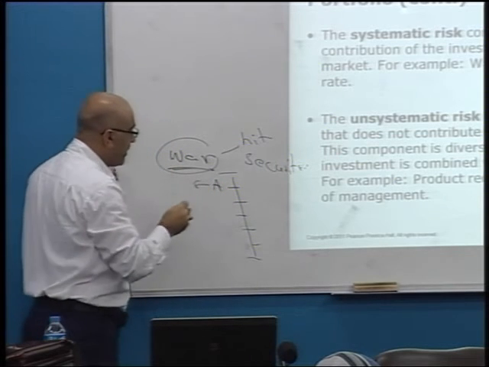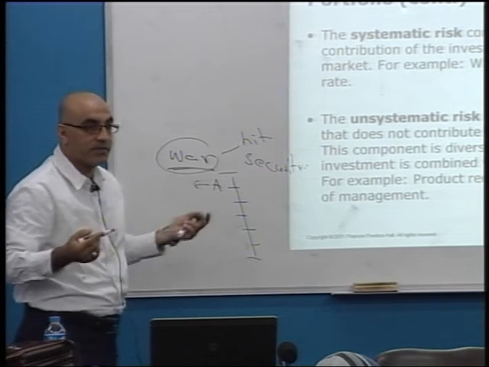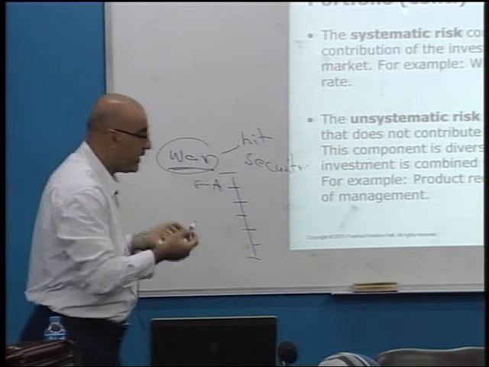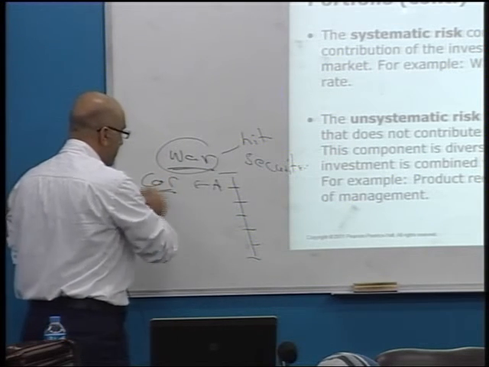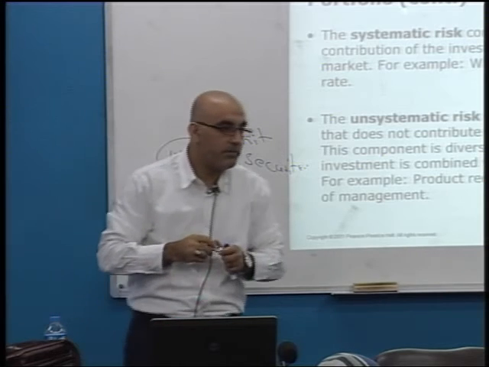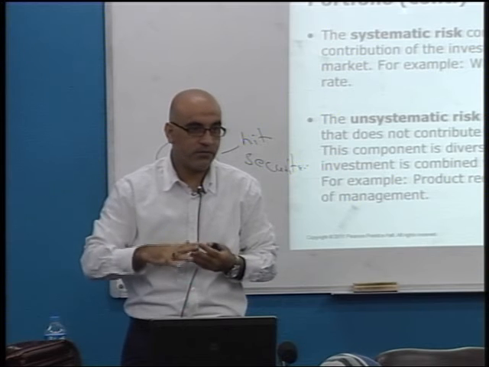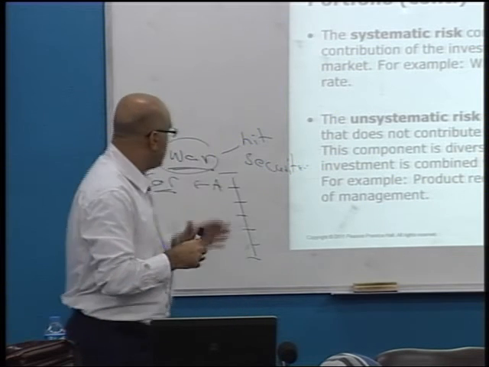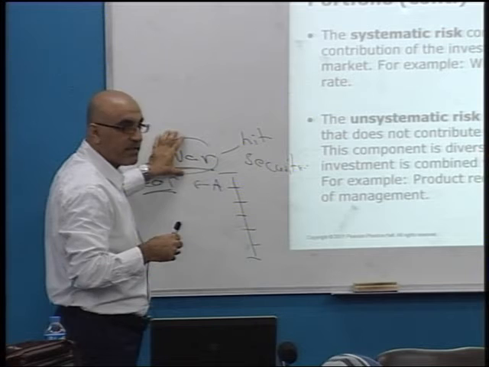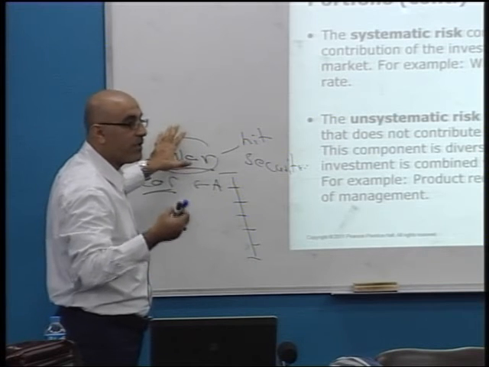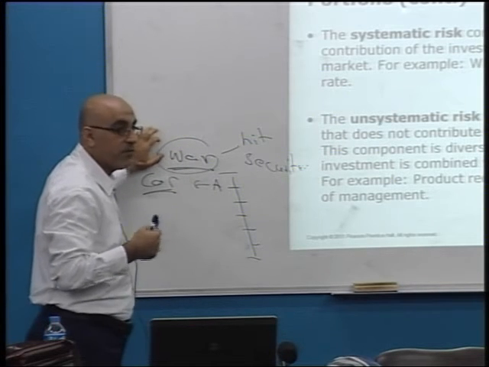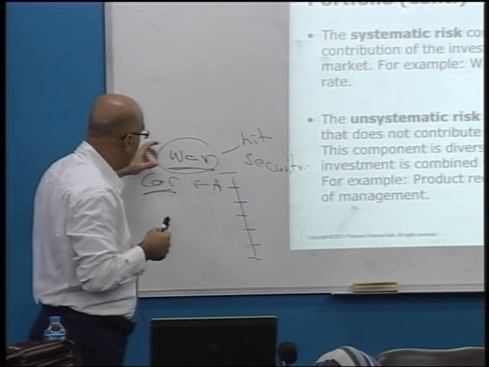Company A works producing cars, in the car industry. In the world, the demand for cars will decrease because of the war. The war is a systematic risk, or a component of the systematic risk.